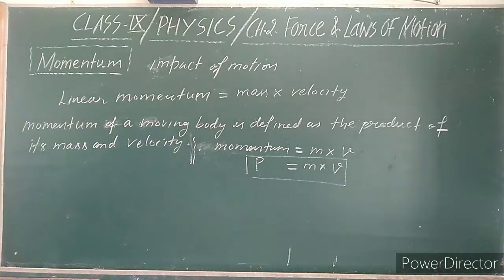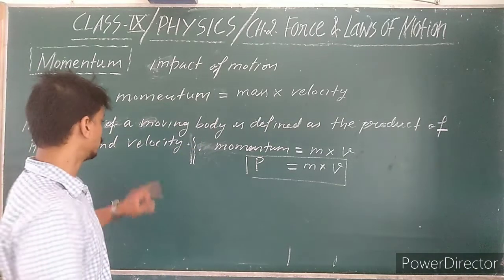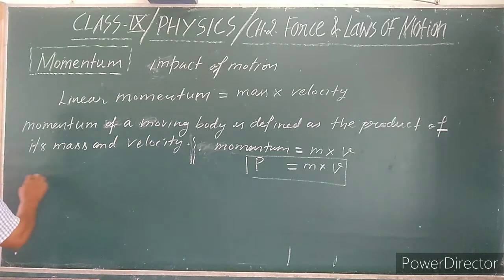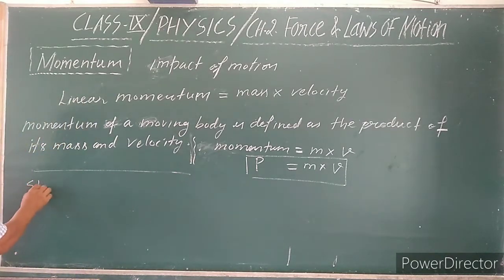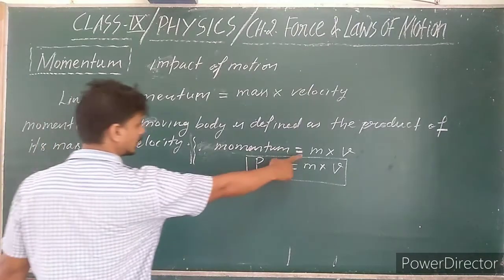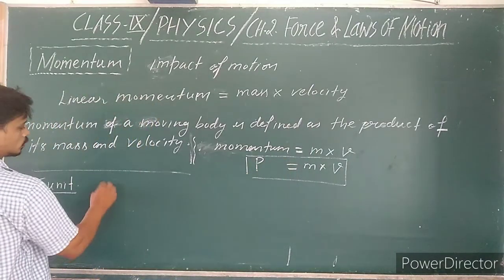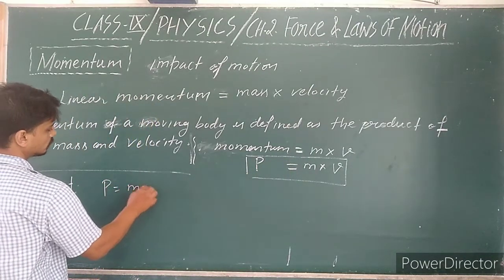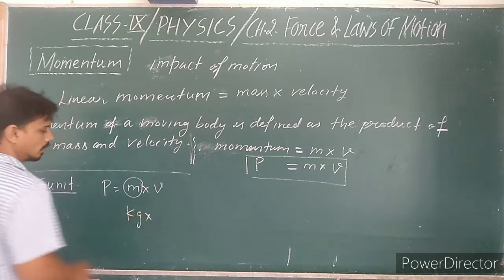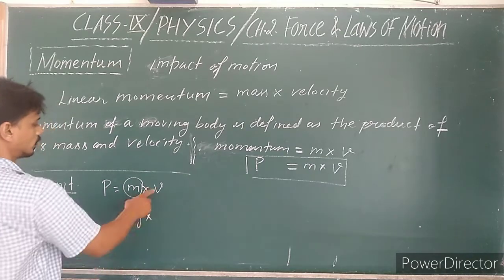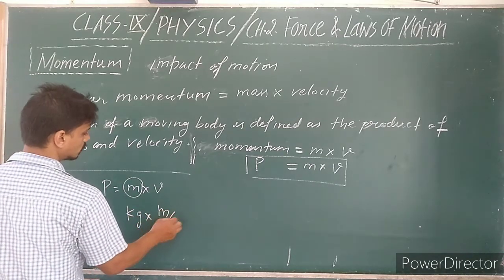Now guys, we will write the SI unit of momentum. So momentum is mass into velocity. For mass we use kilogram in SI unit, for velocity we use meter per second.